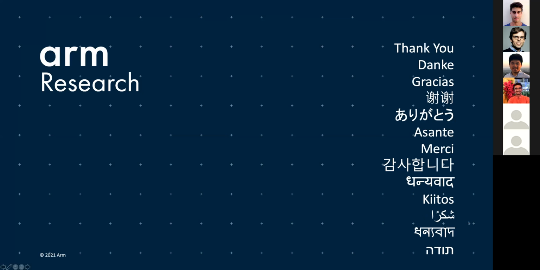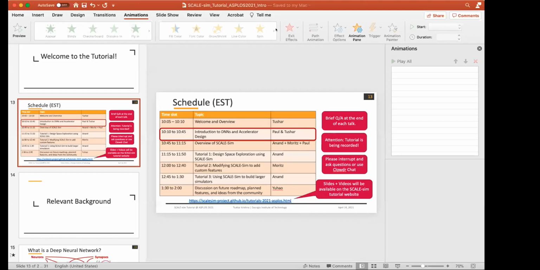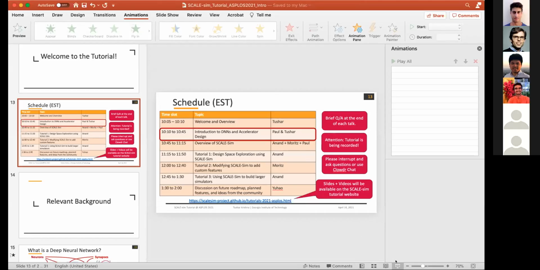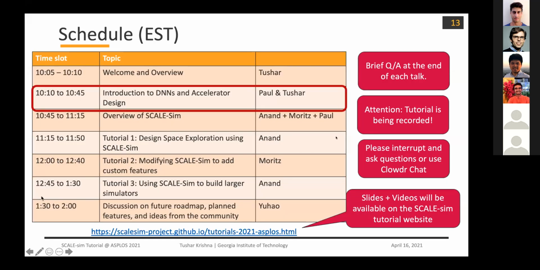Thanks, Paul. So let me go back and share my screen again. All right. So continuing with the introduction. Thanks, Paul, for setting up the context in terms of where we're at with DNN models, from an application use case perspective, from a co-design perspective, and from a deployment perspective.